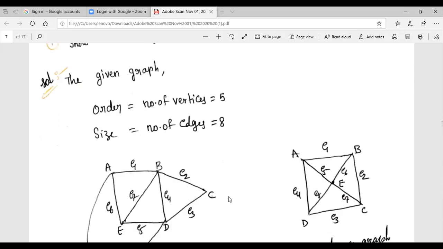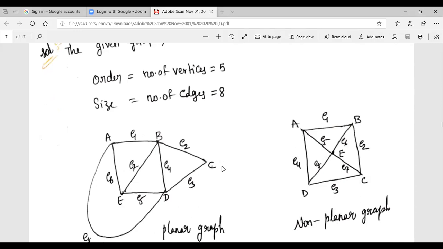Let us consider the vertices A, B, C, D, E. Now we draw 8 edges between these vertices: A to B, B to C, C to D, D to E, E to B, and the remaining edges such as A to D. In total, we draw 8 edges without any crossover. So this is a planar graph.